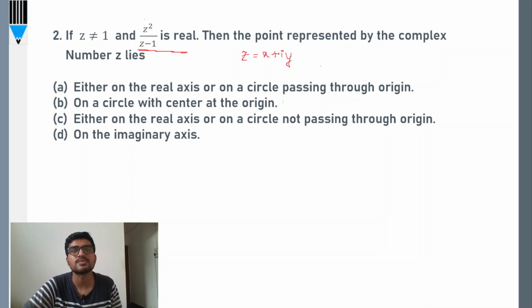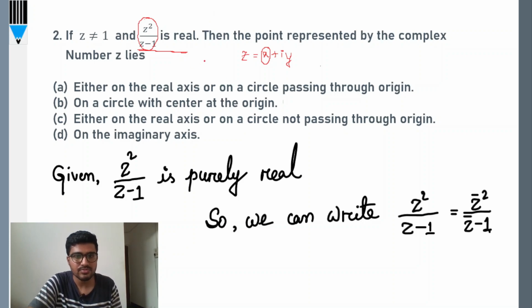So z being real means only this part is there. Sorry, not z is real, this whole function is real. If this function is of the form x plus I y by u plus I v, then only the real part is there and the imaginary term is not, just this portion is there, right? So we can use this information and the property related to this. So let's proceed.